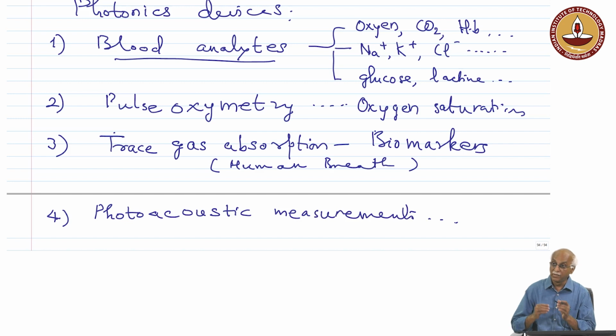In some cases light gets into the tissue, goes deep inside, and excites the molecules through absorption, and there will be some reflection, scattering, etc. We may be able to capture reflected or scattered light being transmitted back to the detector, which is outside.